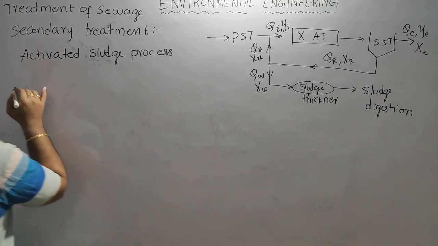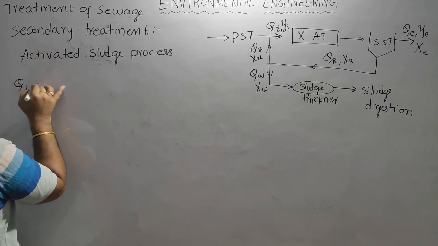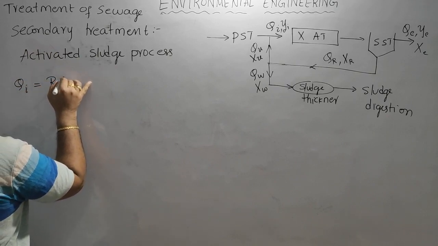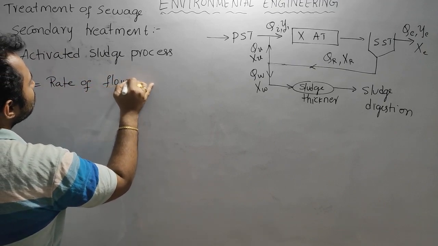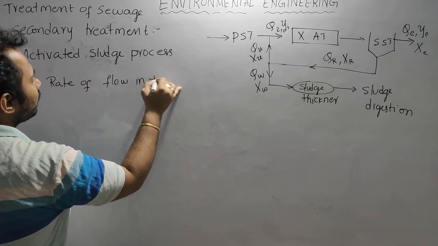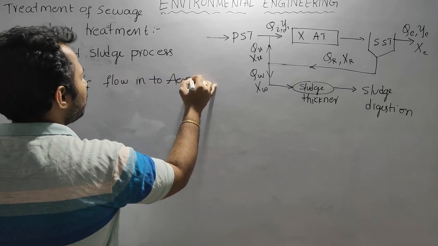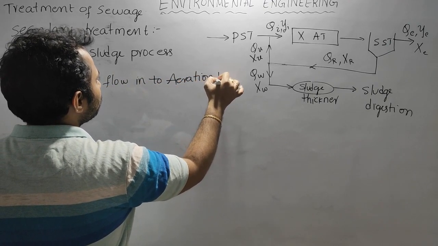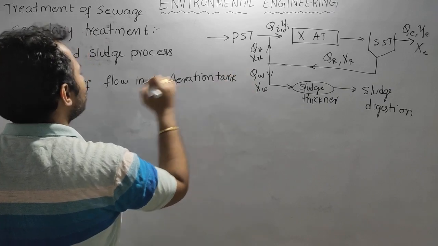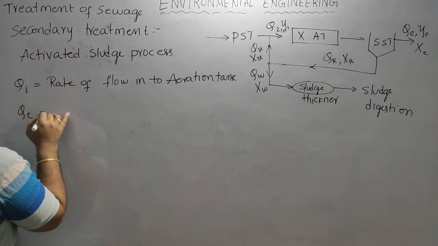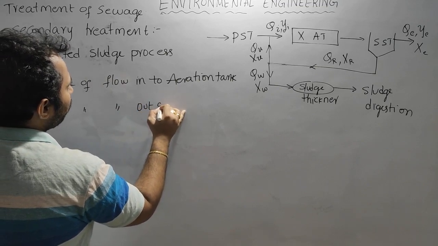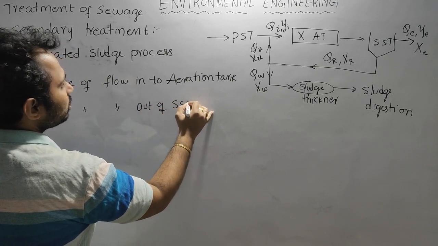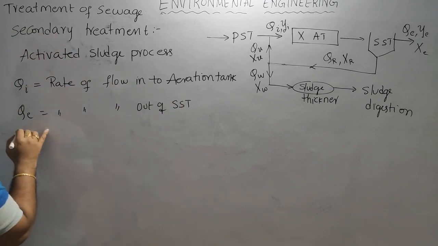What is QI? QI is the rate of flow into the aeration tank. QE is the rate of flow out of the secondary sedimentation tank.